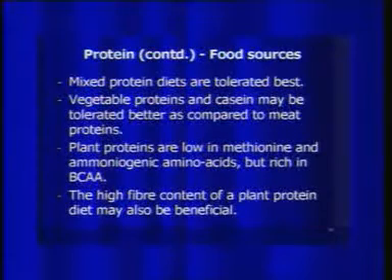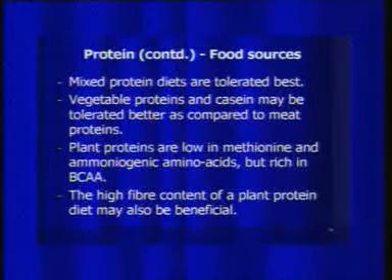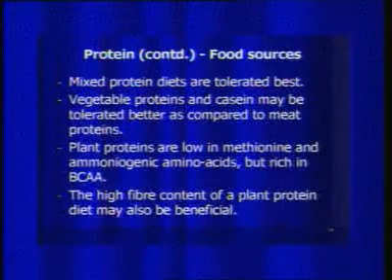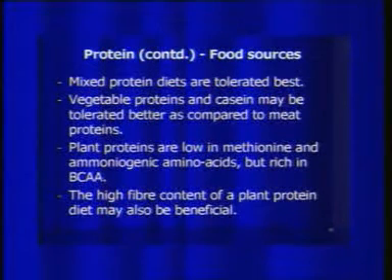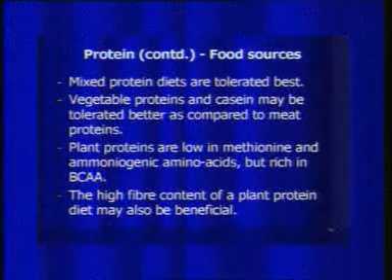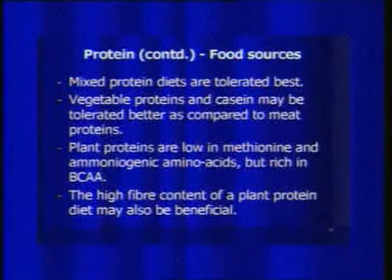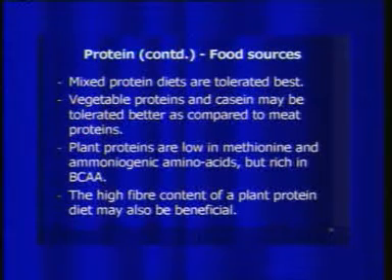From where will we get a good amount of branch chain amino acids, and what should we avoid in the patient's diet to restrict aromatic amino acids? Generally, research has indicated that mixed protein diets are better tolerated. Vegetable or plant proteins as well as casein are always better tolerated over animal protein, particularly meat protein.